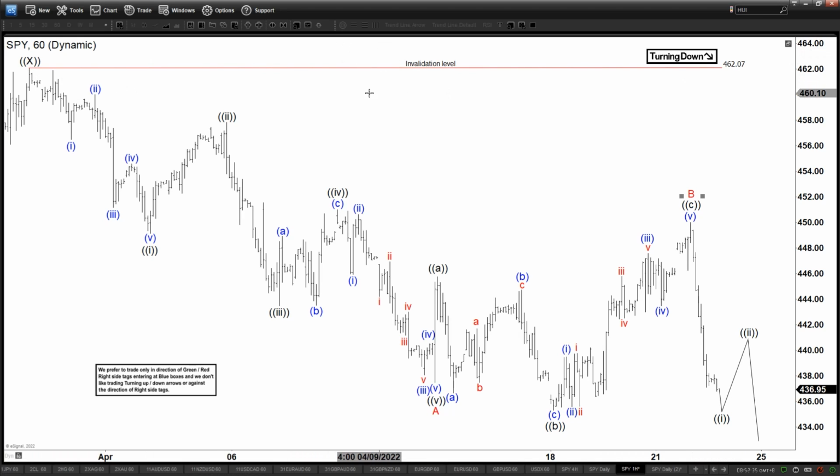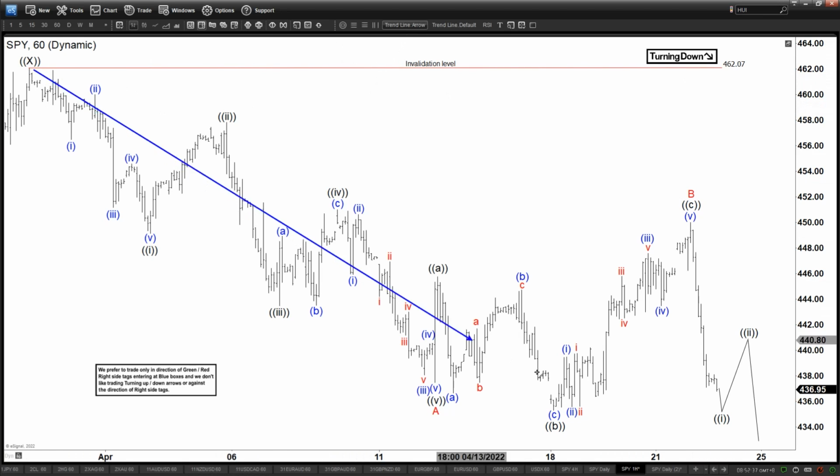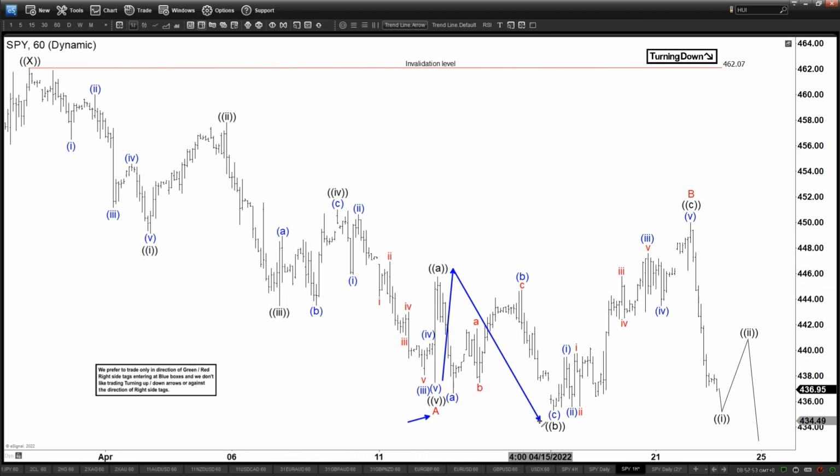So what that means is we are now within the Y to the downside, and within Y right now we are doing this zigzag, 1, 2, 3, 4, 5. We finish A, and then we have an expanded flat A, B, C. We finish the B, so we got the A, we got the B, and now going down again in the C leg, which should be in 5 waves to the downside.